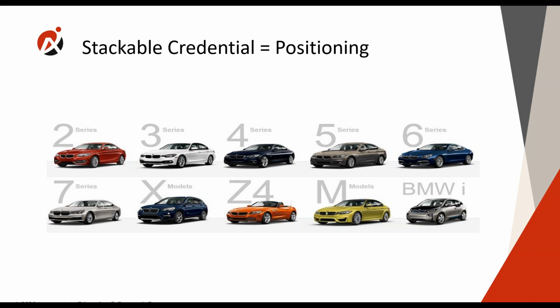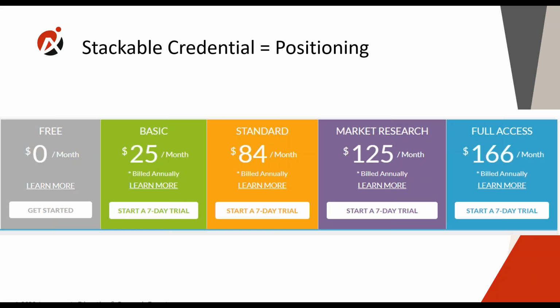Here's another example, BMW. They have different models. They have electrical models. They have the lower series 2 all the way up to the larger 7 series, and they have their SUVs and things like that. Again, this is positioning, and when you start positioning your products, you start realizing there are different purposes or different audiences and other strategic factors that we'll look into briefly in a moment.